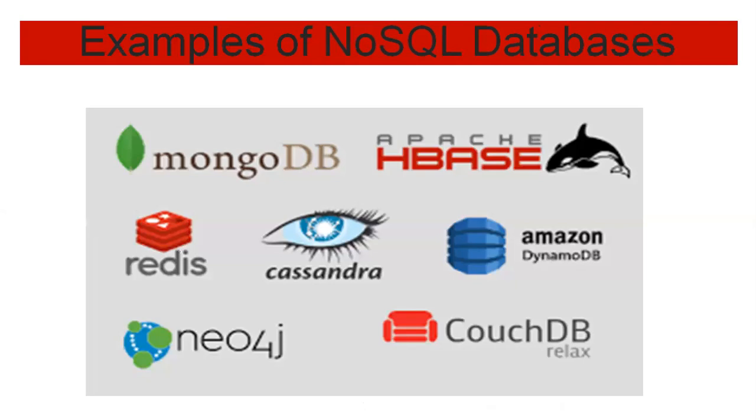There is MongoDB. We will be doing hands-on practice on MongoDB, as I have promised you. Then Apache HBase, the database that is supported by Hadoop. We will be discussing hands-on sessions, practice queries and projects on Apache HBase also. Then Redis is there. Cassandra is there, you might have heard about Cassandra.